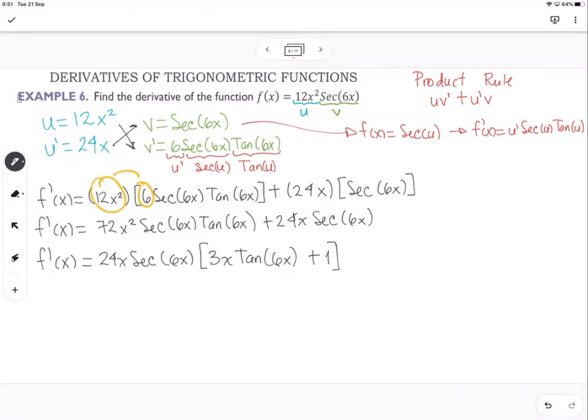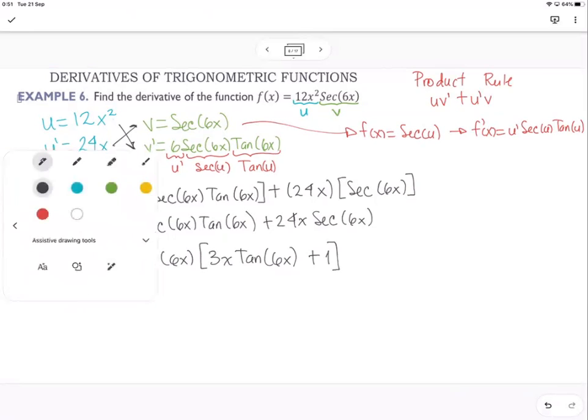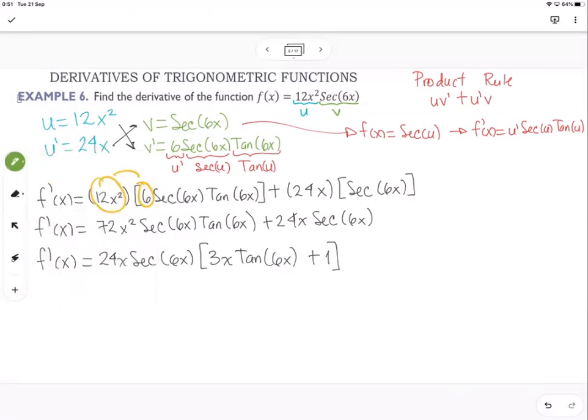Be careful when factoring, okay? It's plus 1, not plus 0, because since we have the same expression here and here, since they are equal, the remaining term is 1, not 0. Okay, be careful with that.